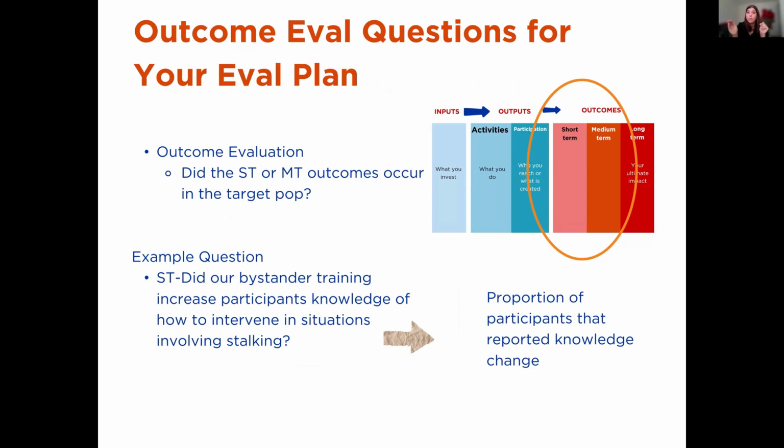So yes, I can see who would recommend the training, right? But if I'm actually trying to measure knowledge, which you remember from our first training was a good thing to have in our short-term outcome category, things like the proportion of participants that reported knowledge change is a really good indicator, right? Now that's a quantitative one. Obviously, I can measure that by something like a survey or an assessment or something like that. But like I said, it doesn't always have to be quantitative.